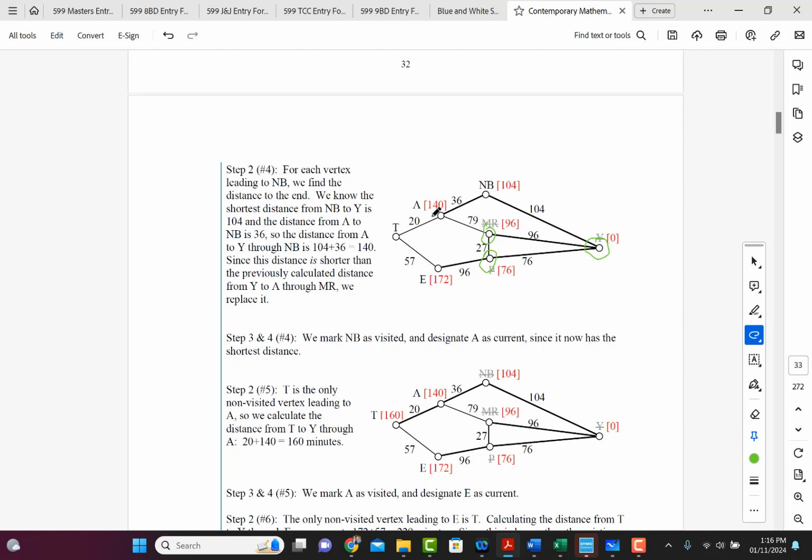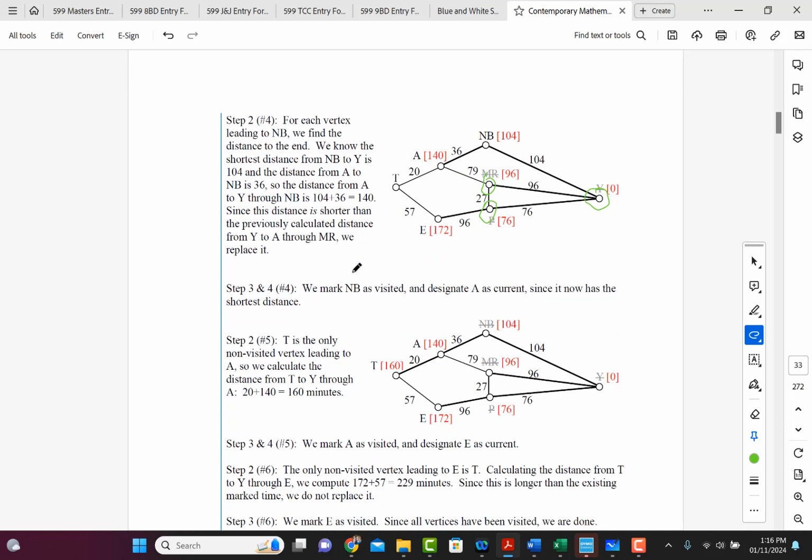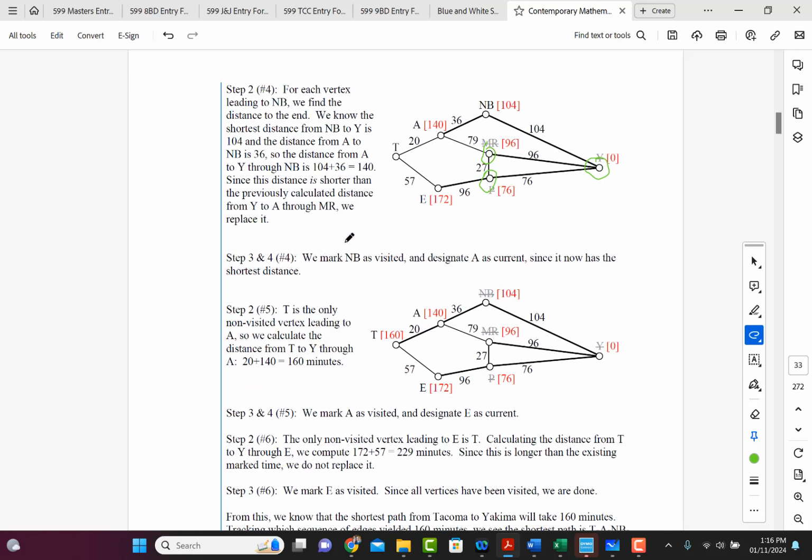Again, we just go through the process. Steps 3 and 4: we mark NB as visited, and we choose the smallest distance. This is visited, so now it's 140 versus 172. Well, 140 is smaller, so A is now the current.